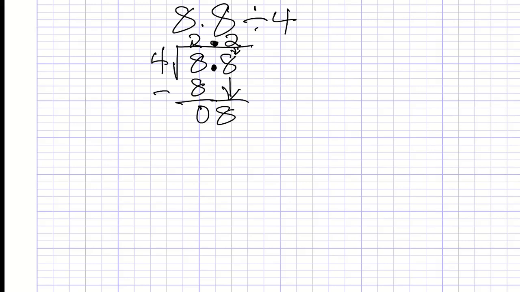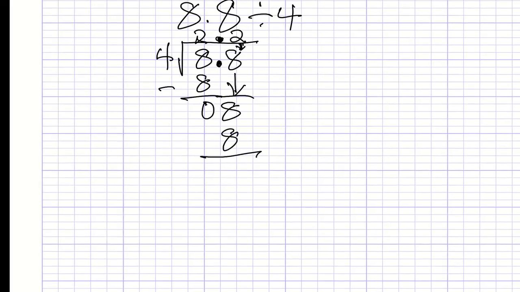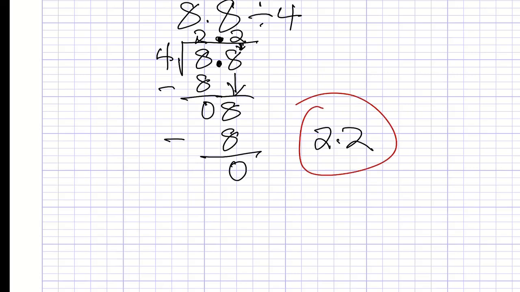See, under this 8 over here. Okay? And then you say 2 times 4 is 8. You put the 8 here. Subtract. What do you get? You get 0. Basically, we're done. The answer is 2.2. That's the answer. So I want you to see that you can divide a fraction by a whole number.